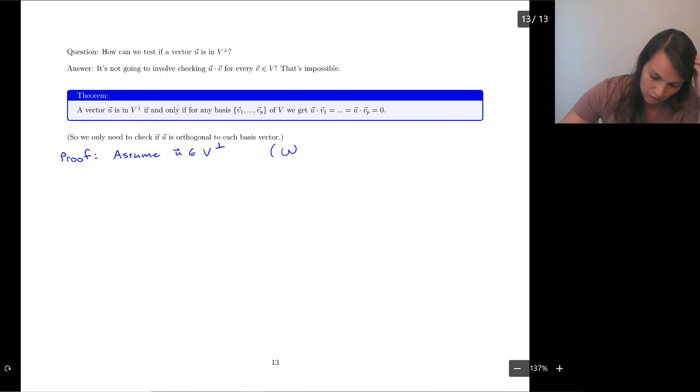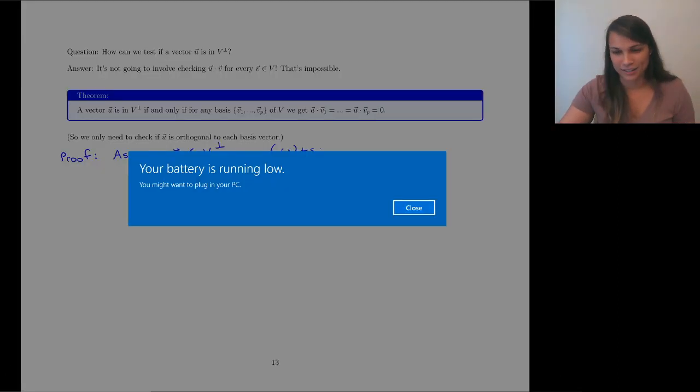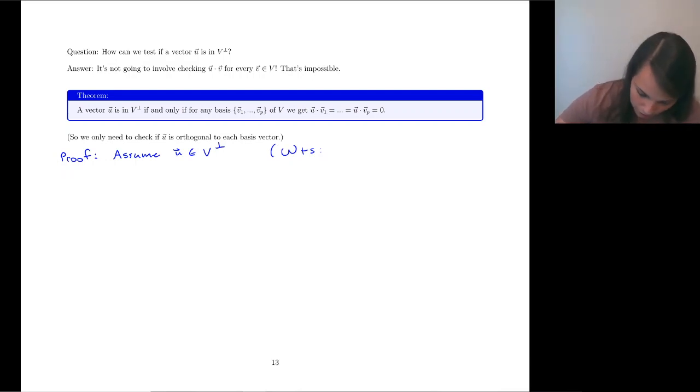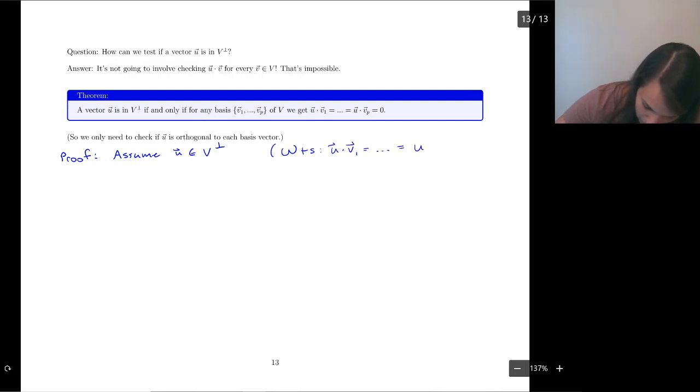WTS, if you don't know, means want to show, and it is the lazy man's way of writing that. Okay. I think we're going to be okay. So want to show u dot v1 through u dot vp are all going to be 0.